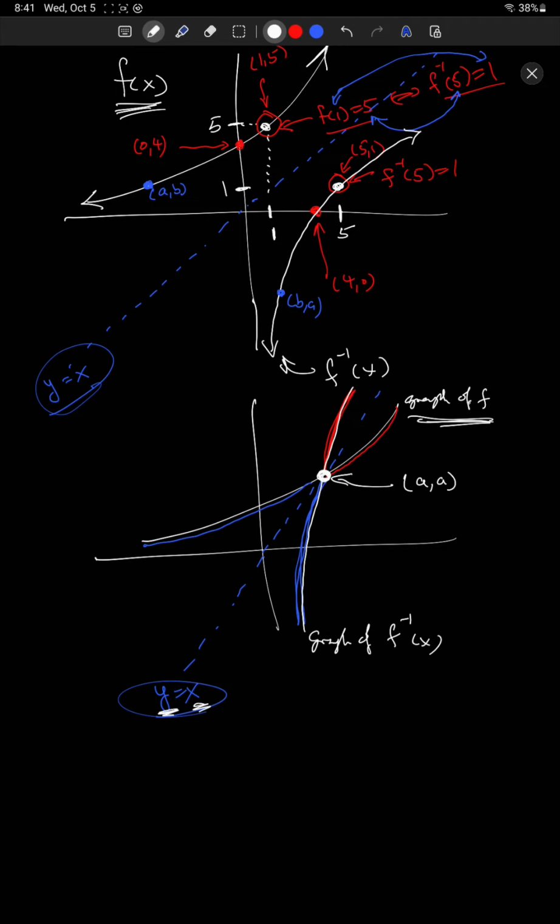And so what that means in terms of the graph of f is that f of a is equal to a, right? Well, if f of a is equal to a, then f inverse of the output a should be equal to the input a. So f inverse of a should be a as well. And so the two graphs should in all reason intersect right there. And of course they do. Okay.